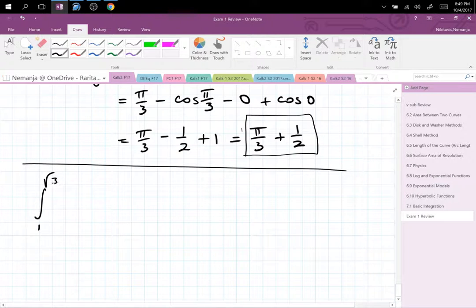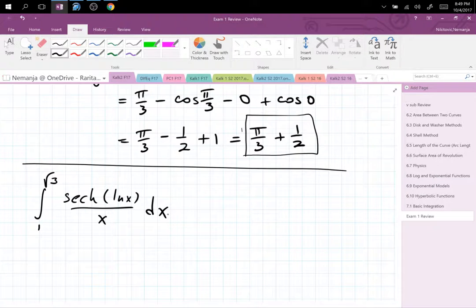Integrate from 1 to root 3 secant hyperbolic of ln x over x dx. All right. So what do we have? We have a function derivative pair again, right? So what do we have to use? U sub, nice.